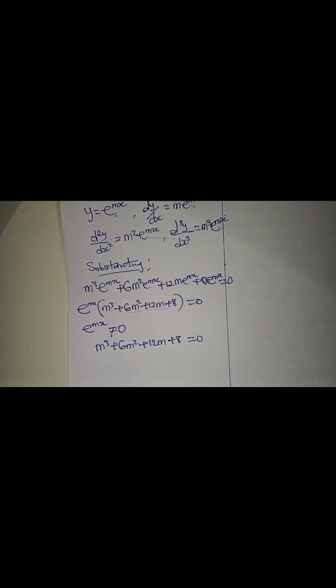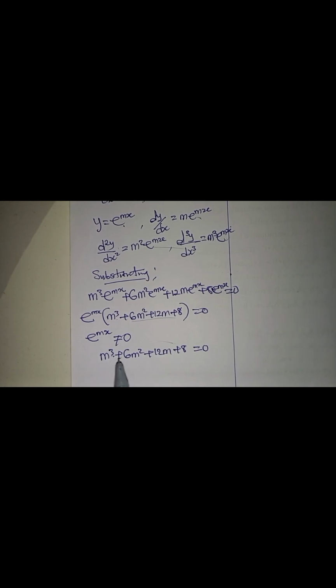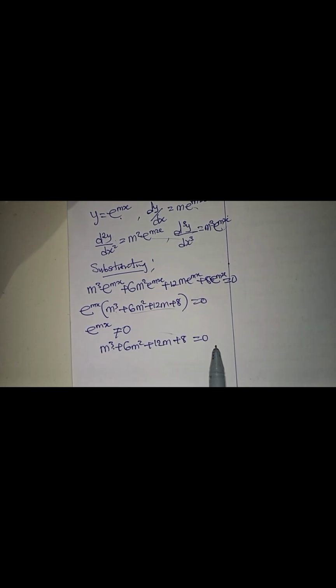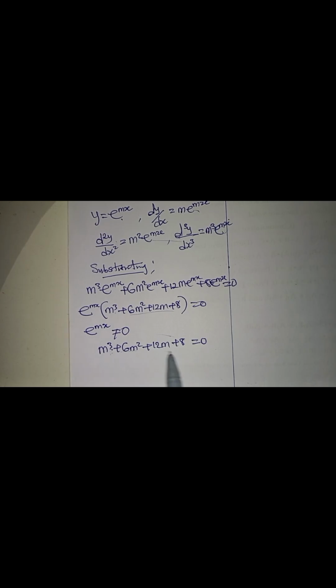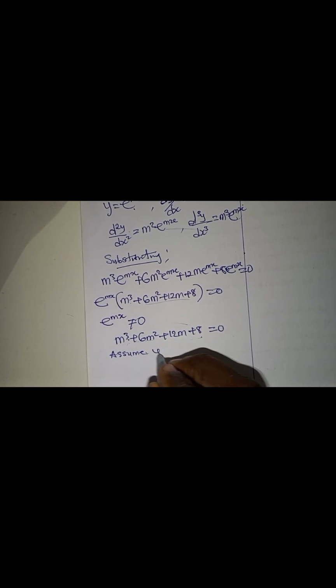Alright, so this is a polynomial to the third power, and then we need to solve this thing quadratically, but it's not in power 2, so we need to deduce it. So how do we deduce this? We're going to assume a value such that when I substitute the value into this expression, it should be able to give me 0.